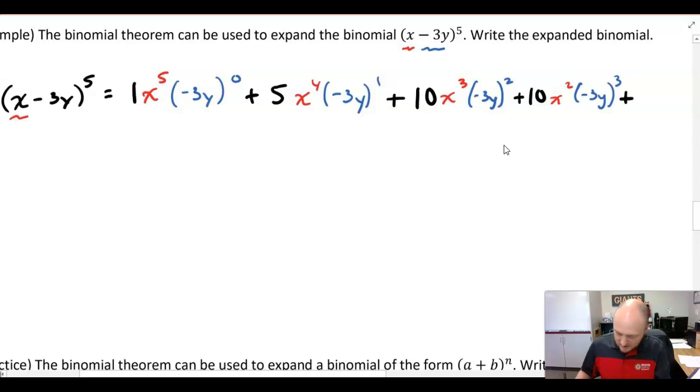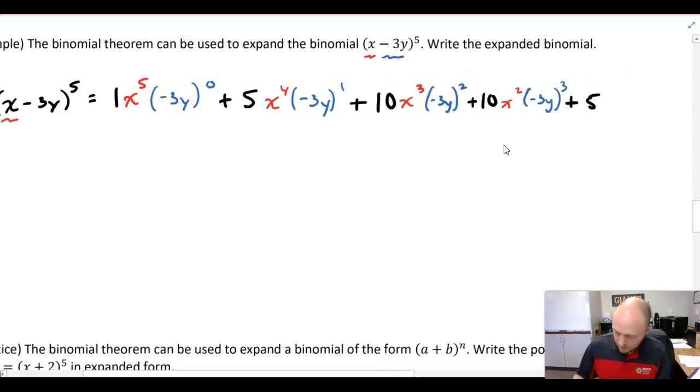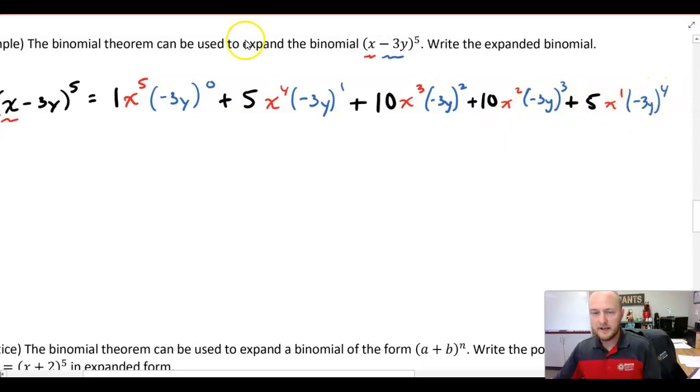Okay, plus, try not to run out of room, 5x to the power of 1, now negative 3y to the power of 4. If you ever forget what power on, remember your first term powers are going to decrease, your second term the powers are going to increase, and they should always total the total power. So it's power of 5, so this should equal 5.